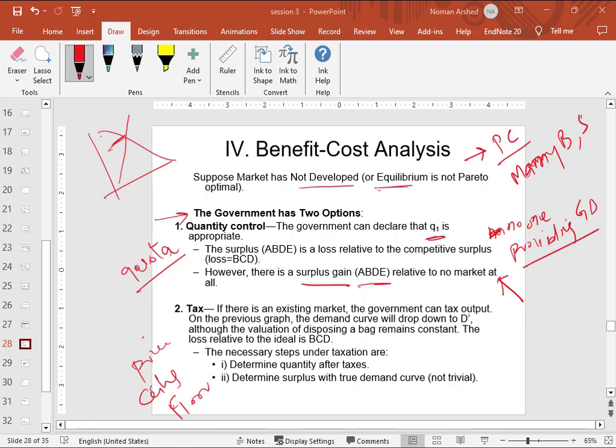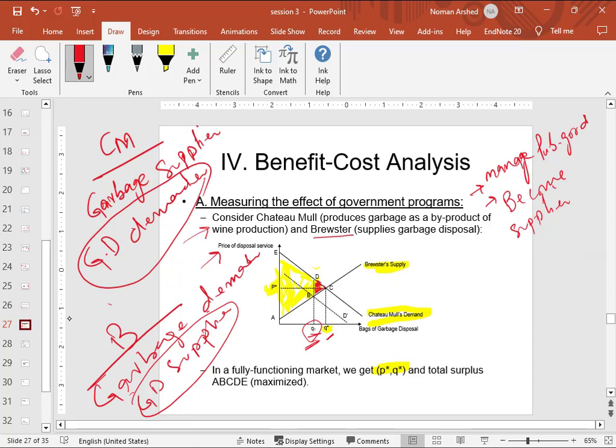Next is tax. If there is an existing market, the government can tax output on the previous graph, and the demand curve will drop down to D. Okay. Although the valuation of disposal bag remains constant, the loss related to it is BCD. So he says that rather than limiting the quantity, you can just apply the tax.